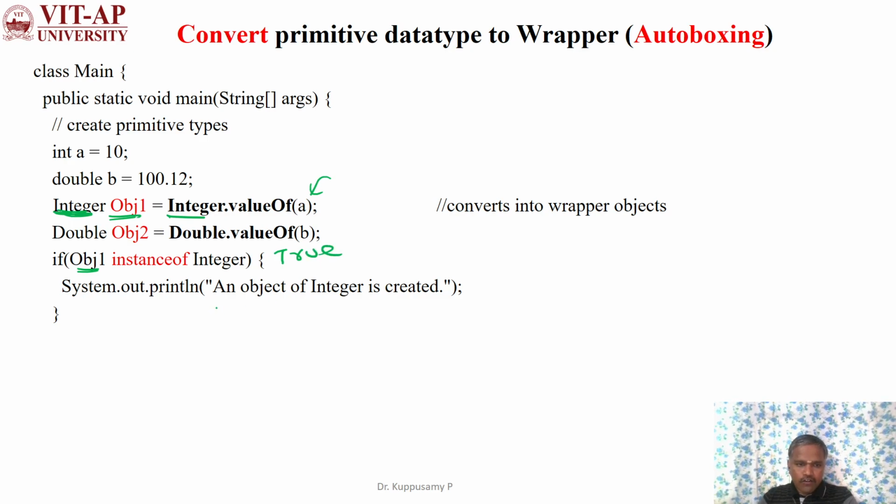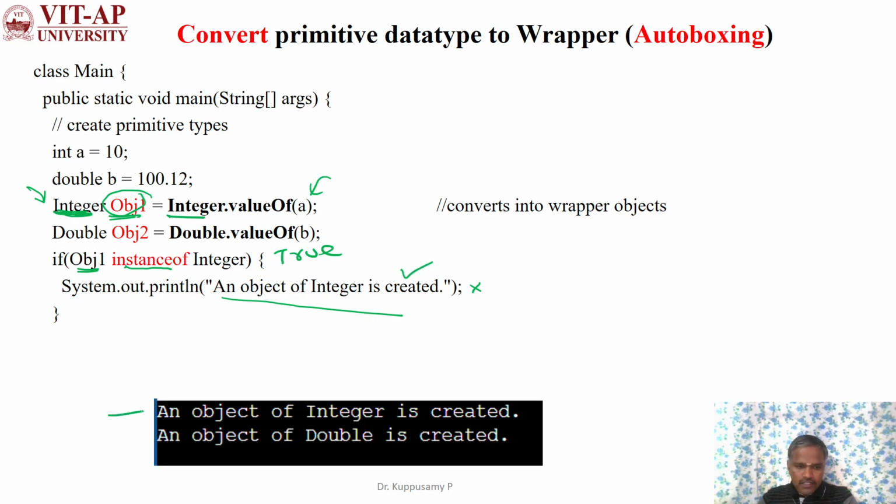Once it returns true, this statement will execute. If it is false, the statement will not execute. In this context, object 1 belongs to the Integer class, so the statement executes.